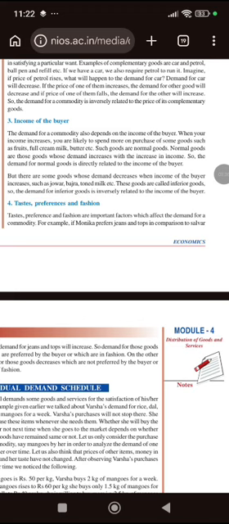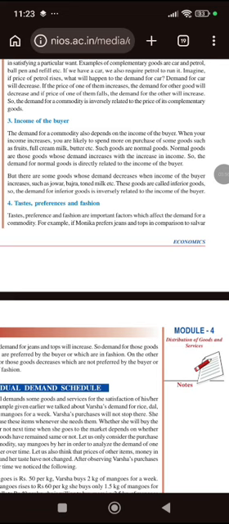When your income increases, you're likely to spend more on purchase of some goods, such as fruits, full cream milk, butter, etc. Such goods are called normal goods. Normal goods are those goods whose demand increases with the increase in income. So the demand for normal goods is directly related to the income of the buyer.